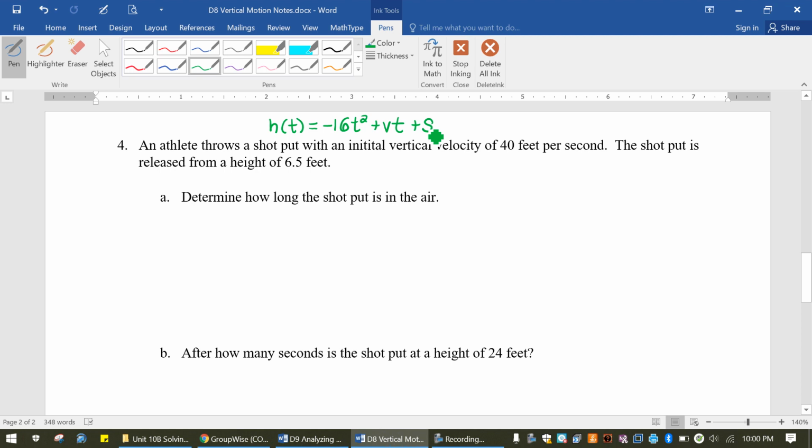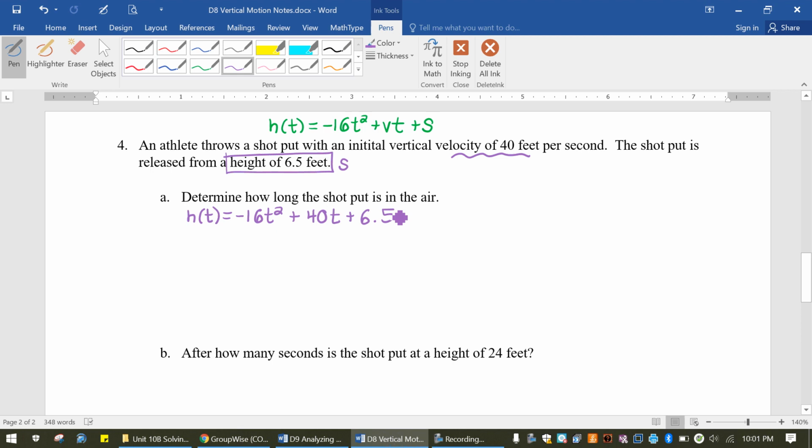So an athlete throws a shot put with an initial vertical velocity of 40 feet per second. So I'm going to write that first. That initial vertical velocity, 40 feet per second, is going to be 40 times t. The shot put is released from a height of 6.5 feet. So this is the starting height. So that's plus 6.5.